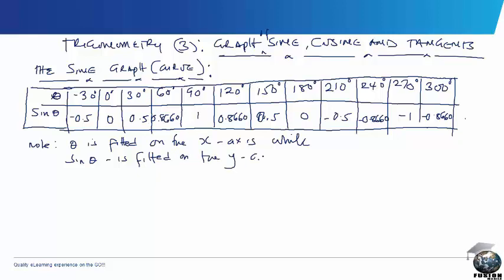The x values denote values for theta, while the y-axis denotes values for sine theta. We'll be plotting the graph on the next page, and we'll name it the sine graph. Remember, that's what we'll have to do all the time.